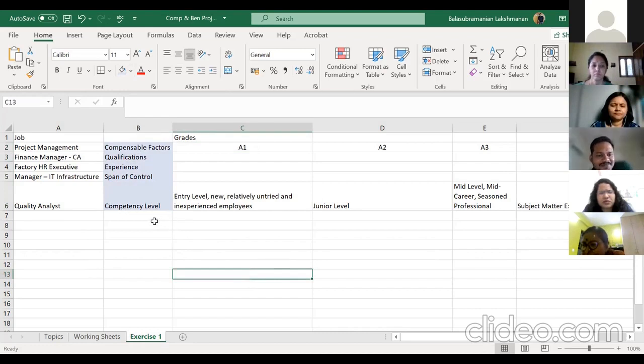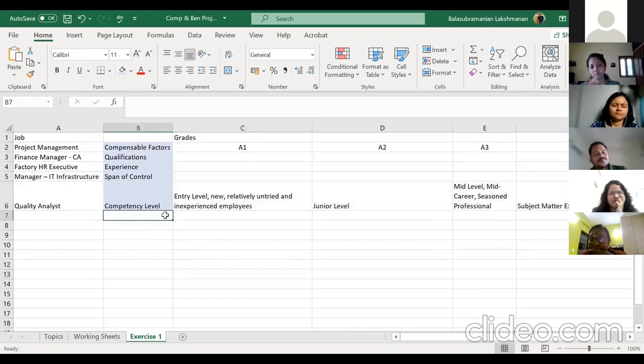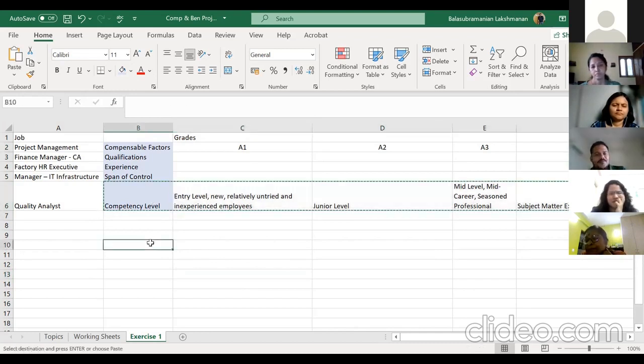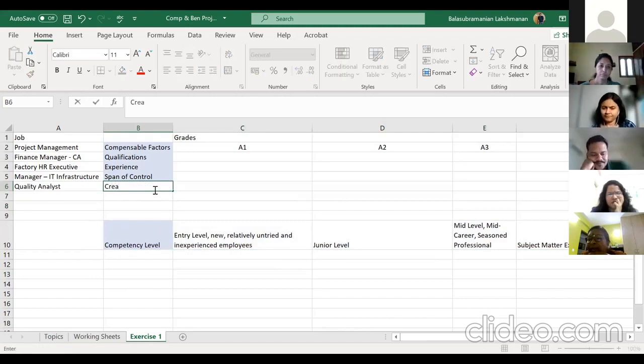Competency is very difficult to define; it is almost like know-how. So I would ask you to replace it with another compensable factor. Maybe creativity. So does it require creativity here? Because you all are learning, you can think of this organization as Google or something like that, product development. So creativity at all levels. Okay, done.